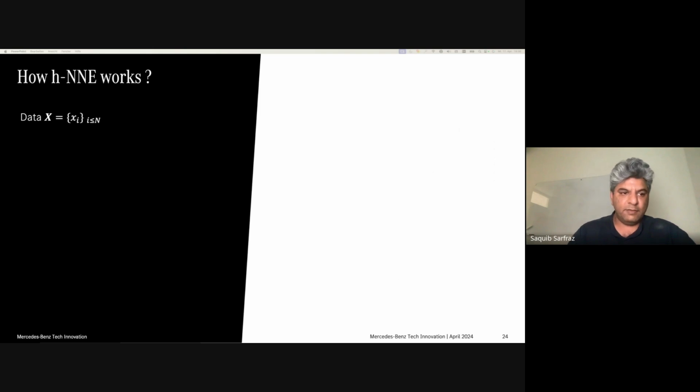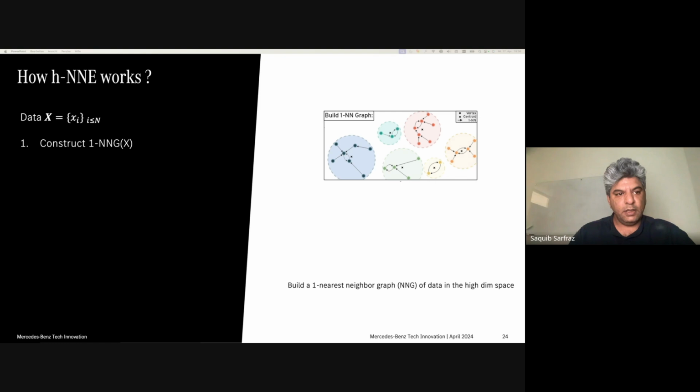Let's say we have data X, a set of n samples, and our first step is to construct this one nearest neighbor graph, the directed graph that connects each point to its nearest neighbor. So it's basically the Finch step, and this can be obtained, as I said earlier, very efficiently by using any approximate nearest neighbor algorithm.